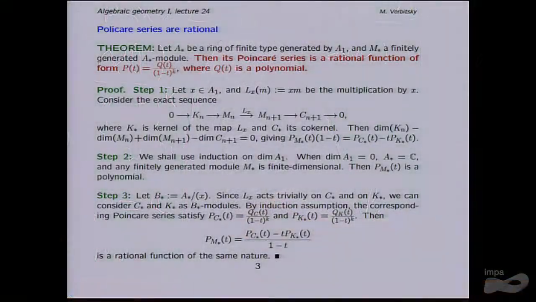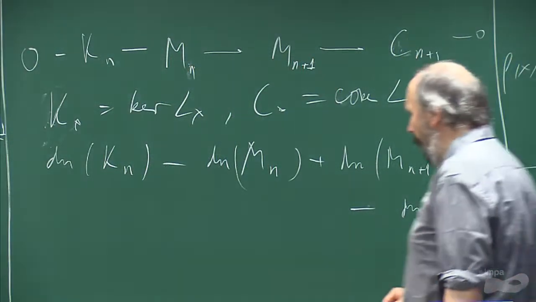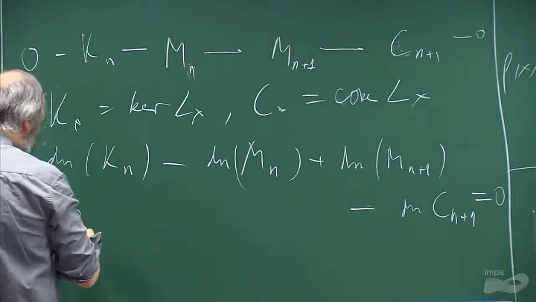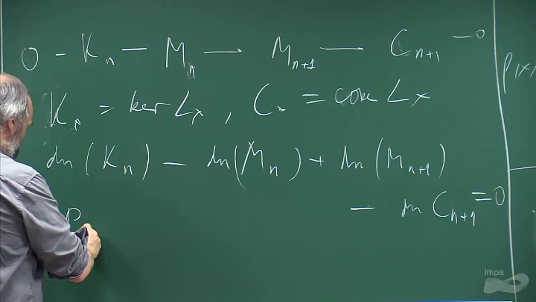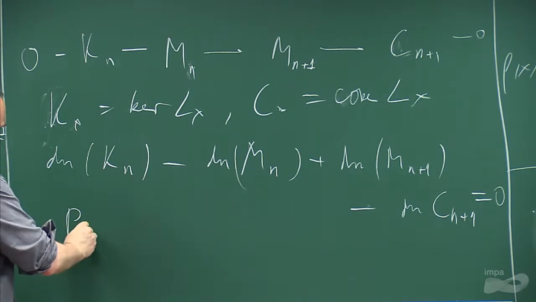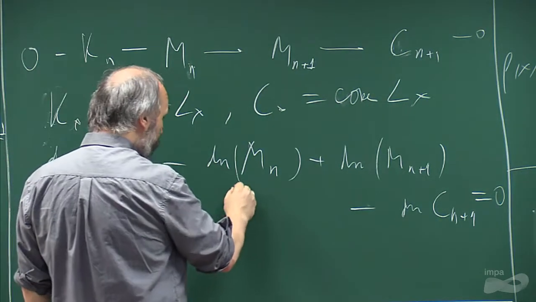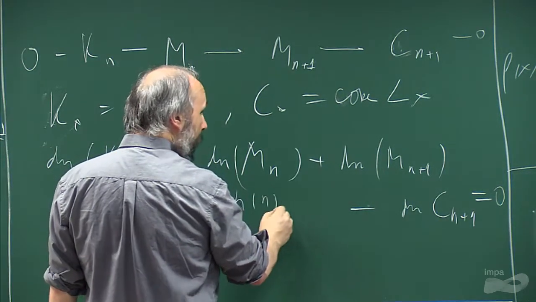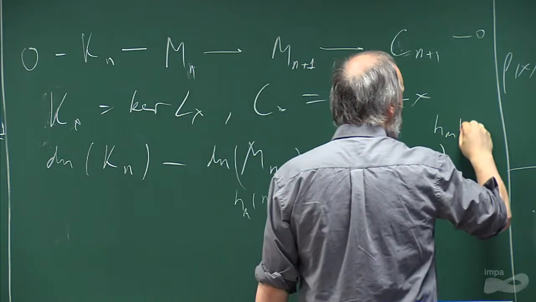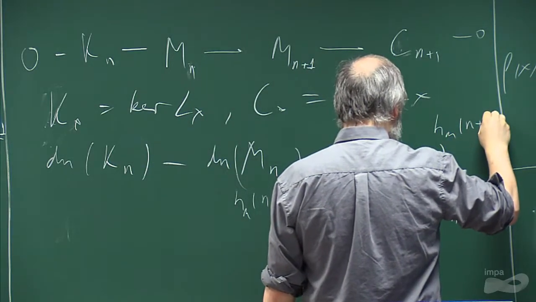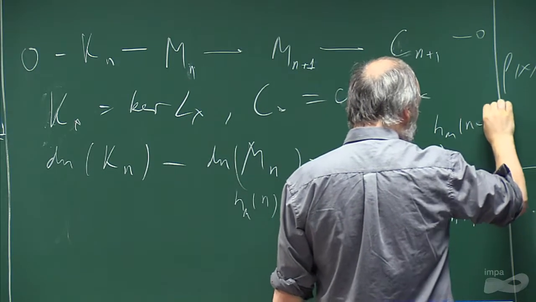Okay, but then this equation gives you something about the Poincare series. Namely, you take this, H_M(n), H_M(n), H_M(n) plus, minus 1.